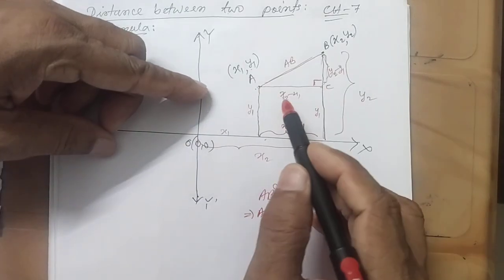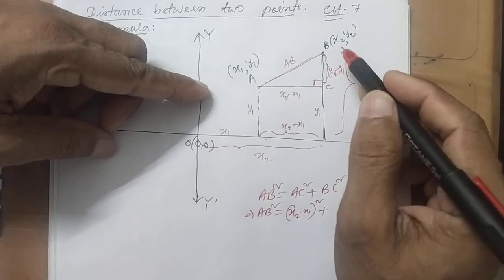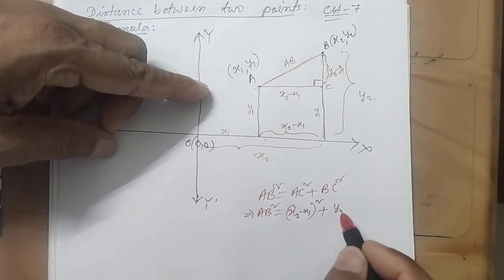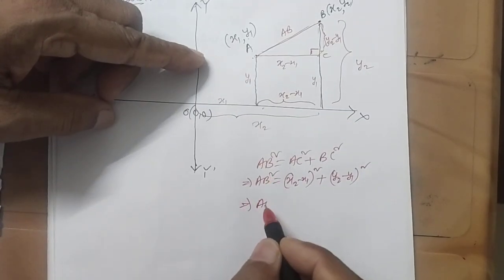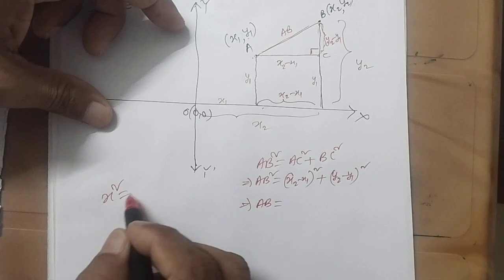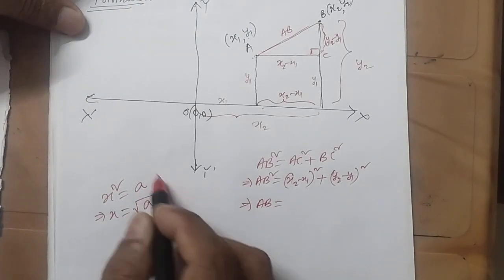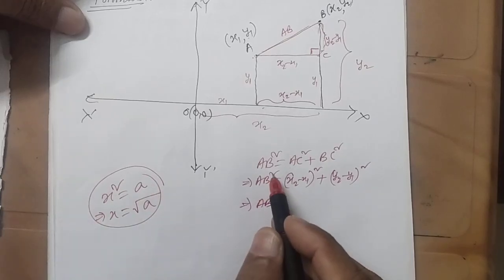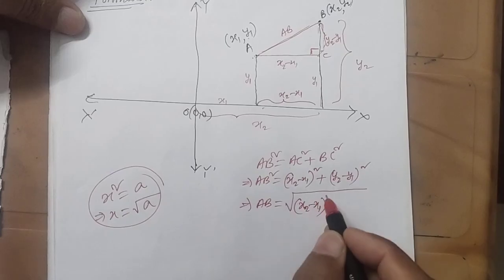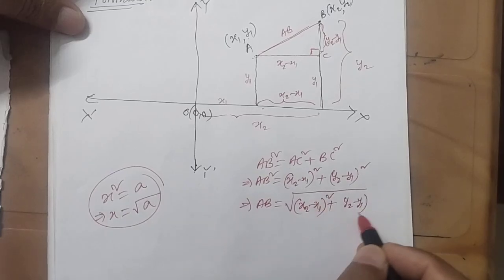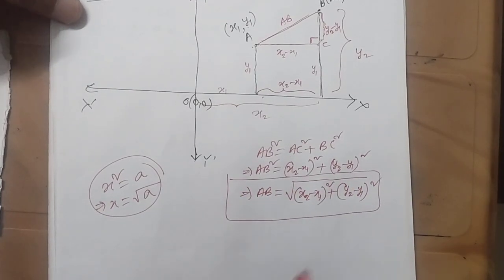AC we found to be x2 minus x1, so (x2 minus x1) whole squared, and BC is y2 minus y1, so (y2 minus y1) squared. Now on the left side, if we want to remove the square, the right side goes under the root. So AB is the square root of (x2 minus x1) squared plus (y2 minus y1) squared, and this is the distance formula, the distance between two points. You can apply this in any question.